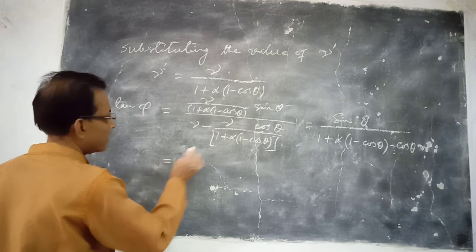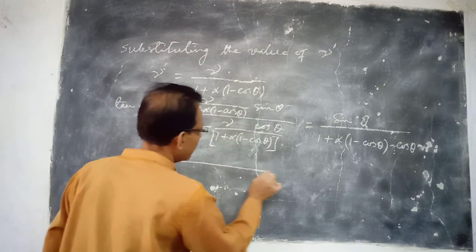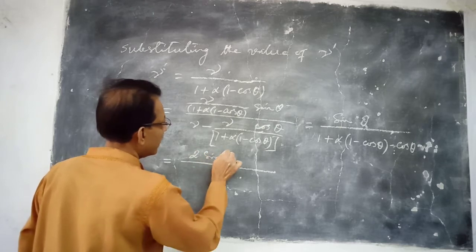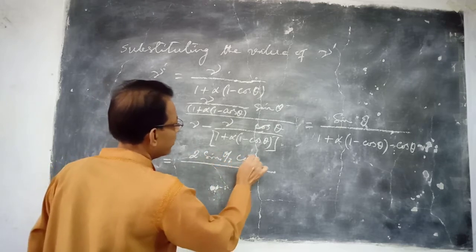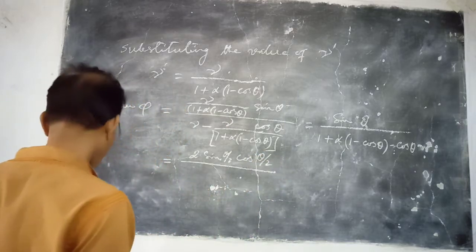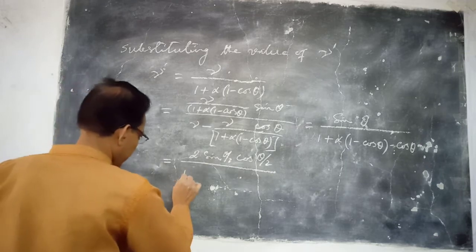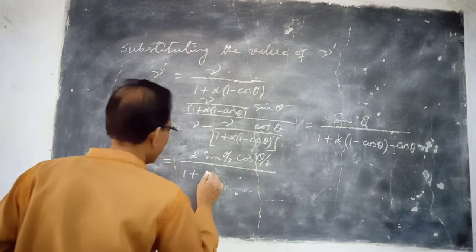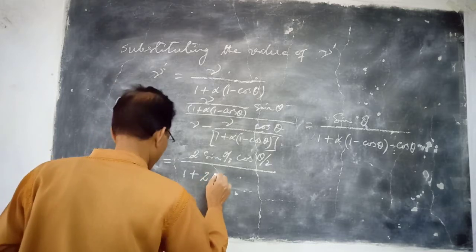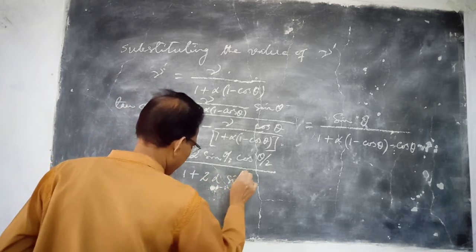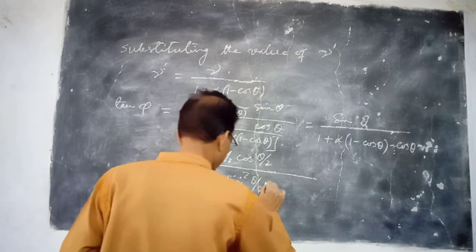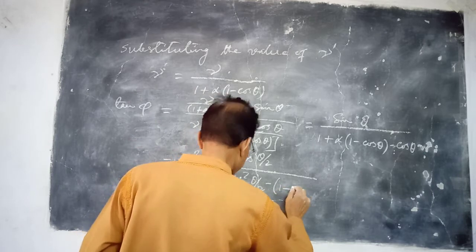Now sin theta we write as 2 sin theta by 2 cos theta by 2, and the denominator is 1 plus alpha times 2 sin square theta by 2, minus cos theta, which is 1 minus 2 sin square theta by 2.